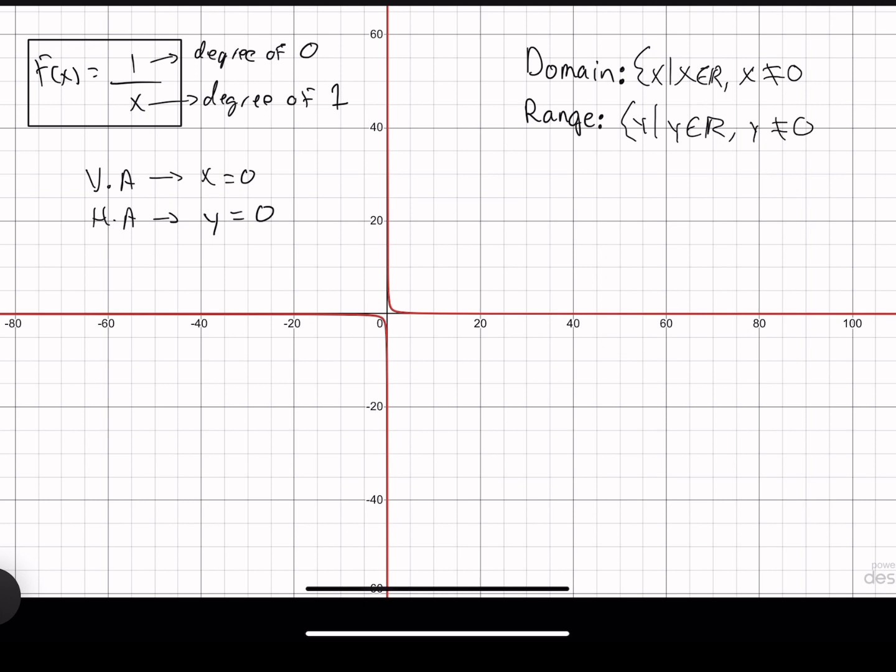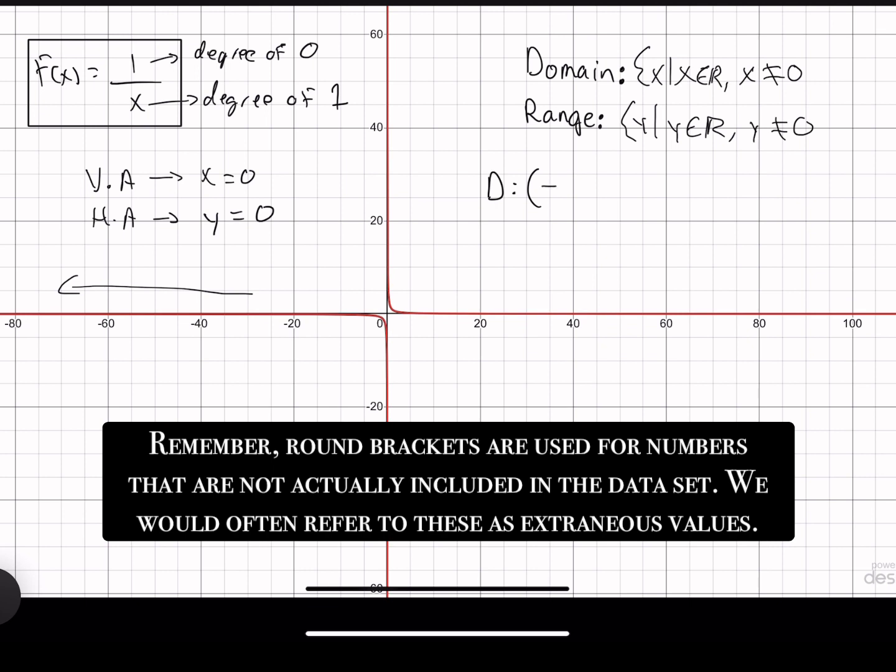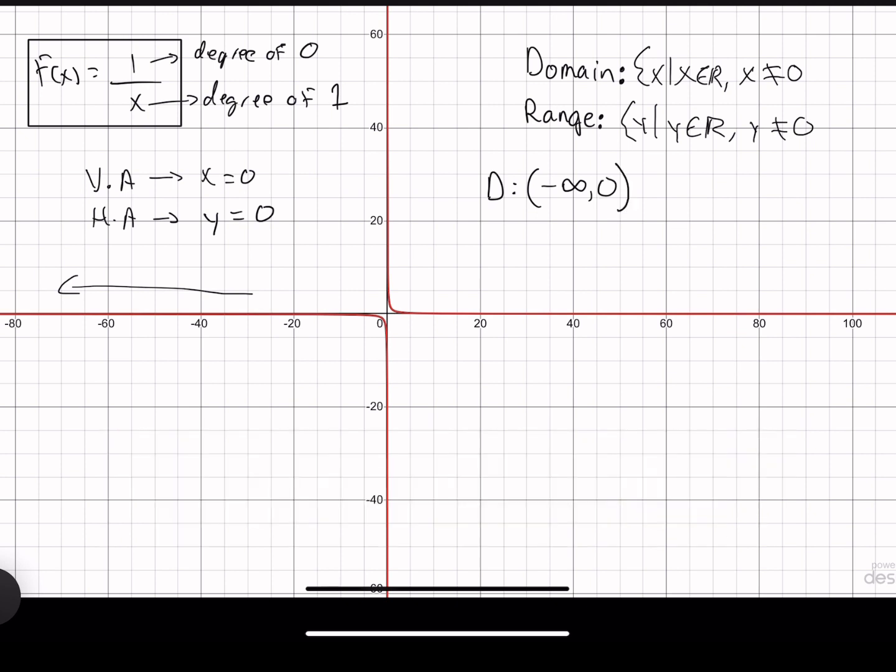Now, if we wanted to write it in interval notation, we could write it as follows. We'll use round brackets, as x goes from negative infinity to 0. Now 0 is not an included point because it is an asymptote, so we use round brackets, and it is unified by the same function.